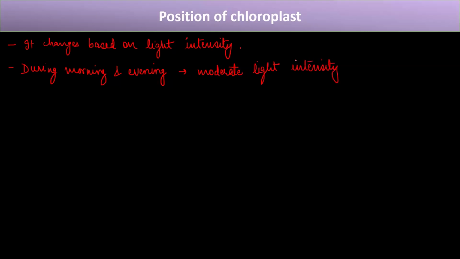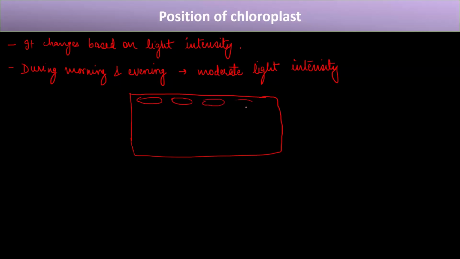Now, during this time, if you observe a leaf and look at its chloroplast, what kind of arrangement will we see? During morning and evening, suppose this is a mesophyll cell. Your chloroplast will be located at the periphery, aligned something like this. The reason is that these chloroplasts are the ones absorbing the light, and during the morning and evening we have moderate light intensity.